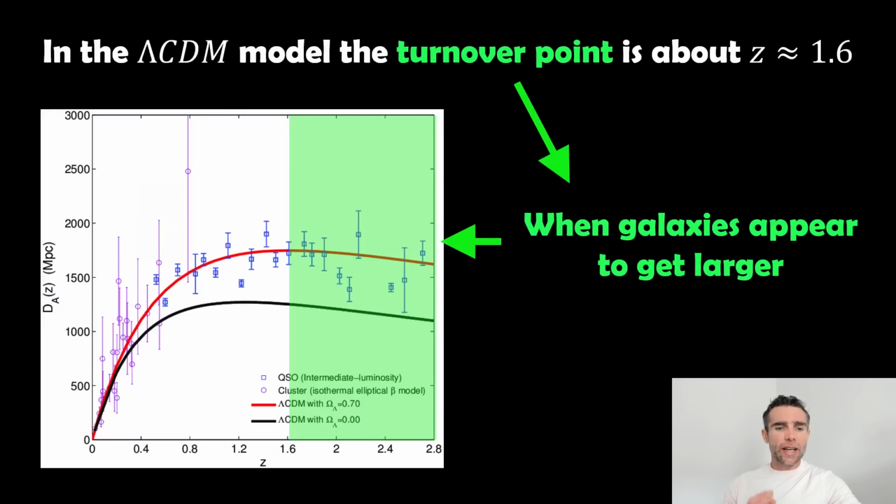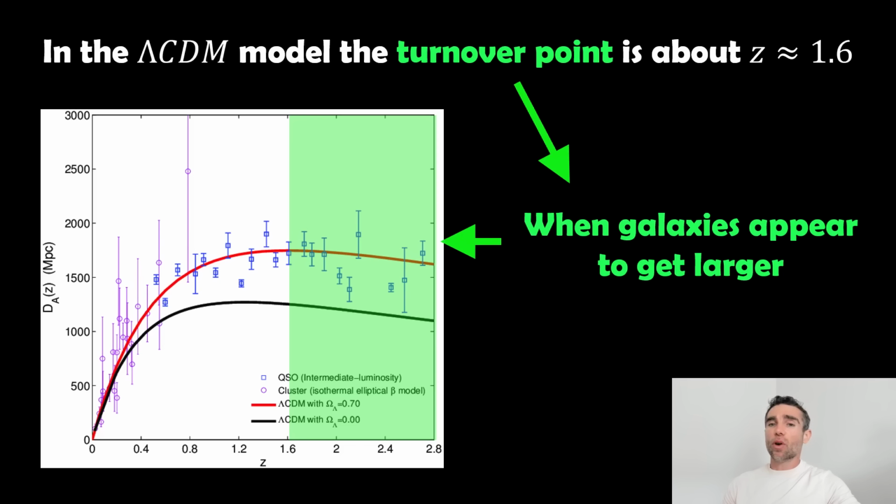So this here is redshift on the x-axis, and your angular diameter distance on the y-axis. You can see there are two models here with different densities in the lambda cold dark matter model of the universe. So same sort of curve, but the main point is there's a turnover point.